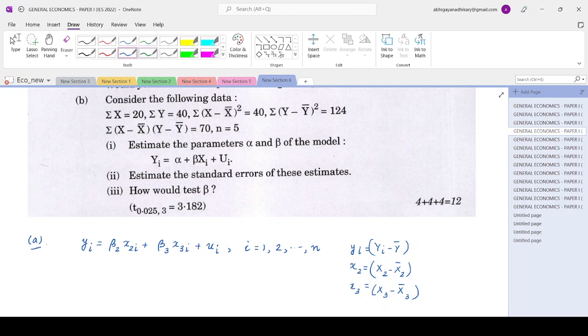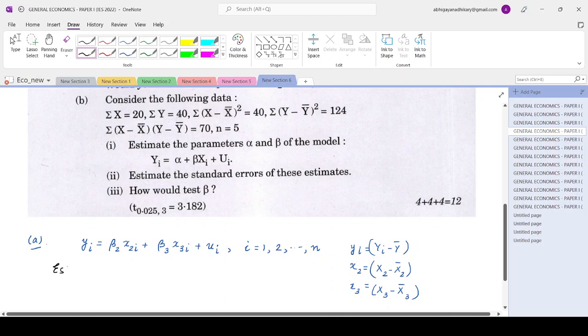So now obviously, in order to estimate this, what would the estimated model look like? It will be small yi hat equals beta 2 hat x2i plus beta 3 hat x3i.